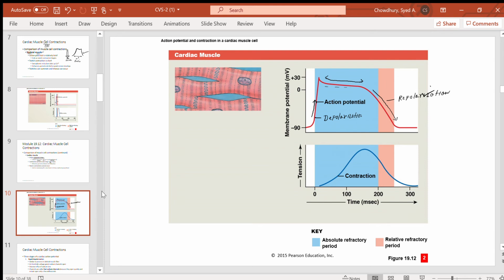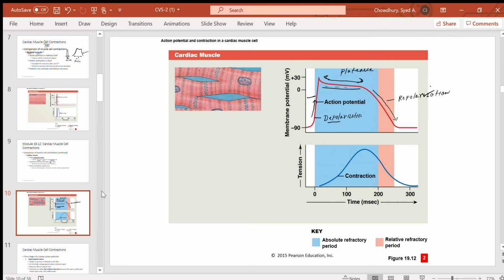So in between the depolarization and repolarization, you have this plateau. Okay, so this gives more time before the relaxation of the heart muscle.